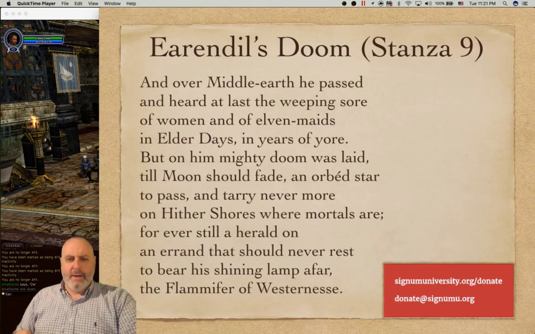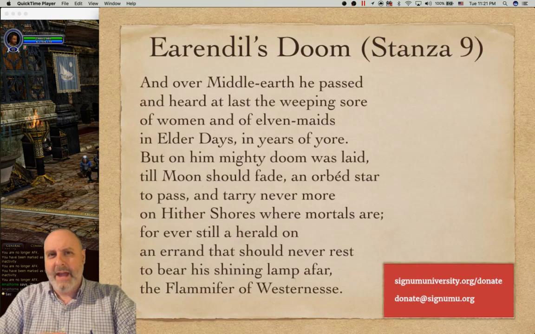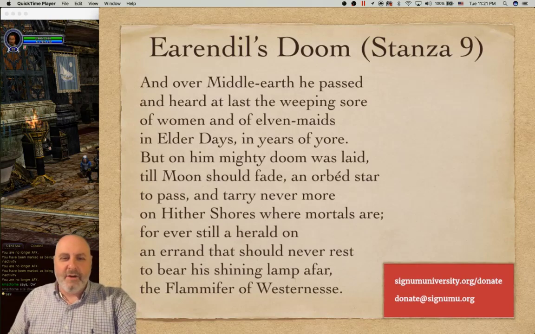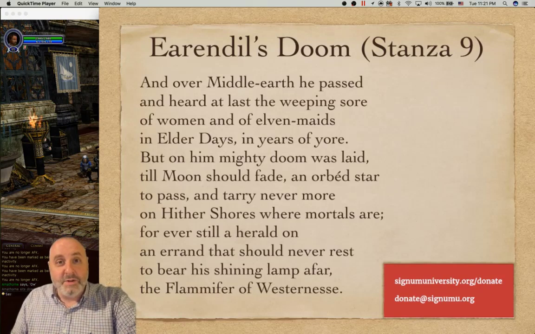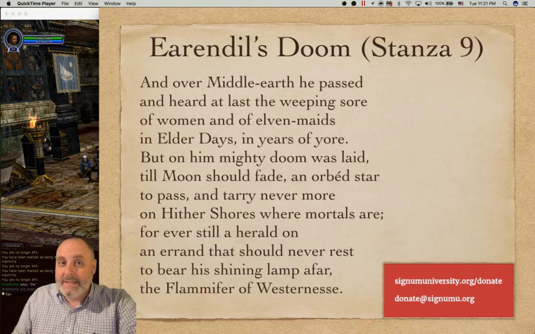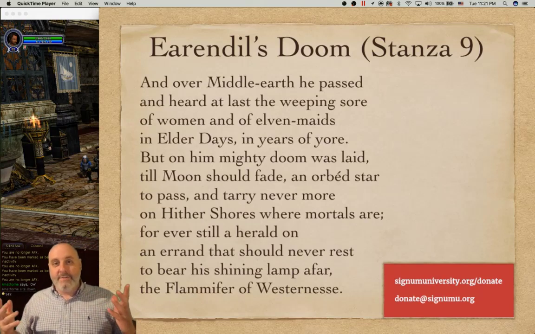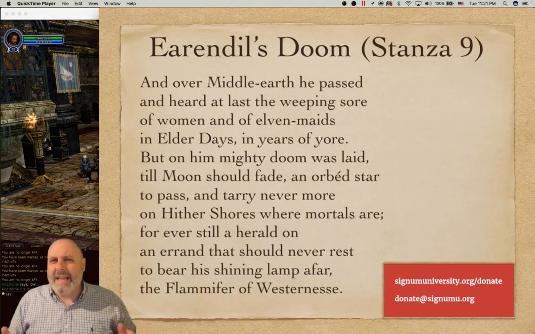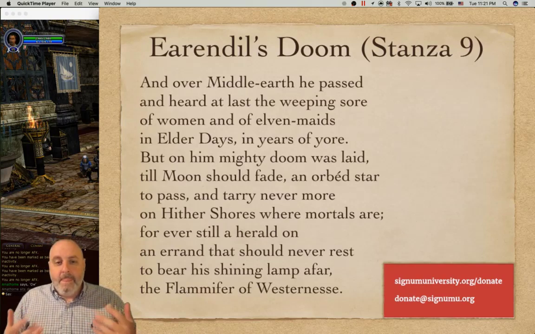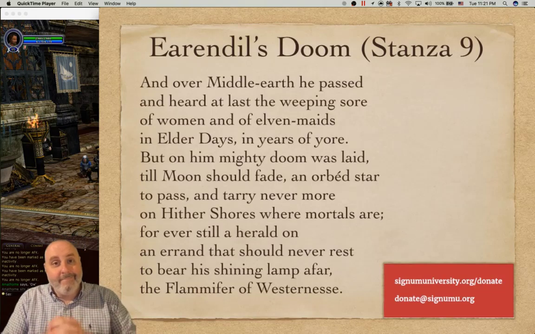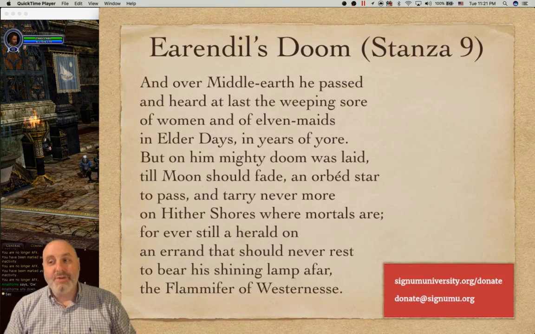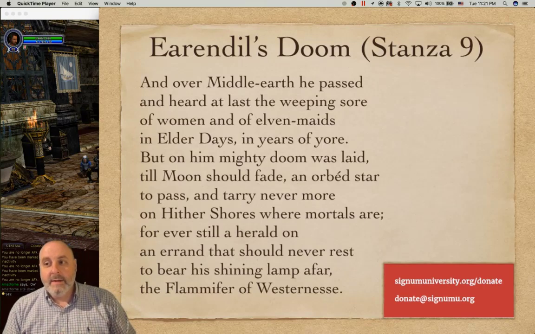For on him mighty doom was laid, till moon should fade and orbed star to pass, and tarry nevermore on hither shores where mortals are. Sounds a little nicer, right? But when you start with but, the entire context is his, I was going to say helplessness. That's not quite right, at least a little unfair. But powerlessness, but he's restricted. He's constrained. That's exactly right.